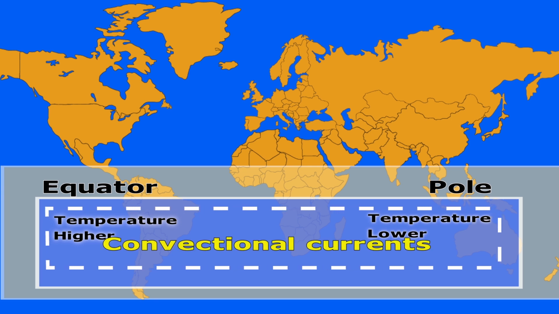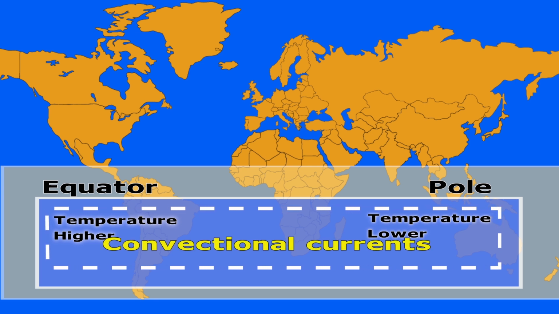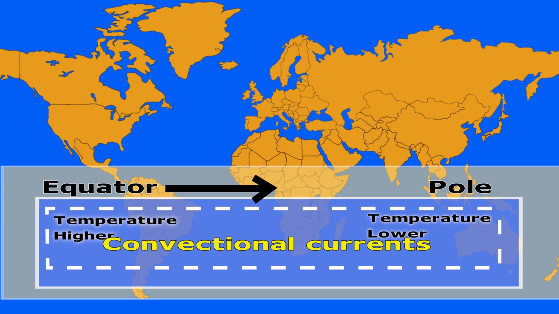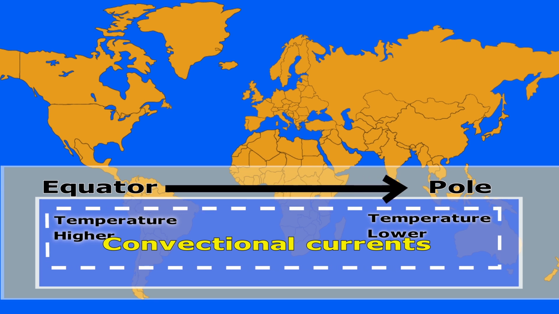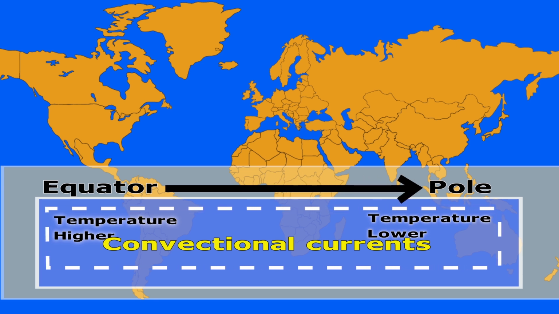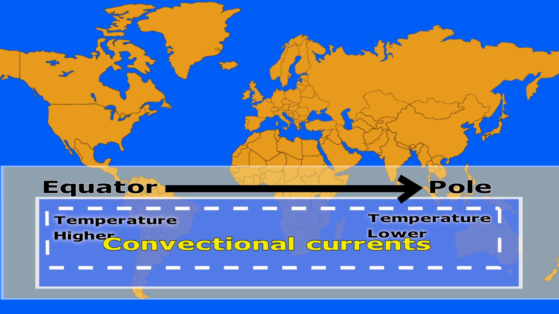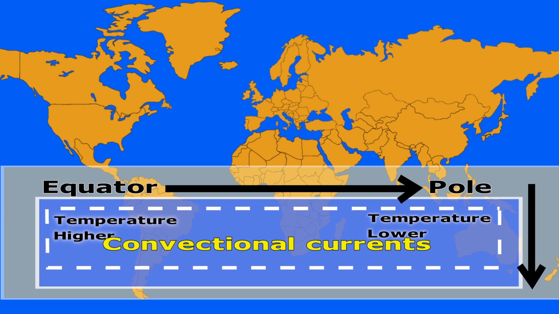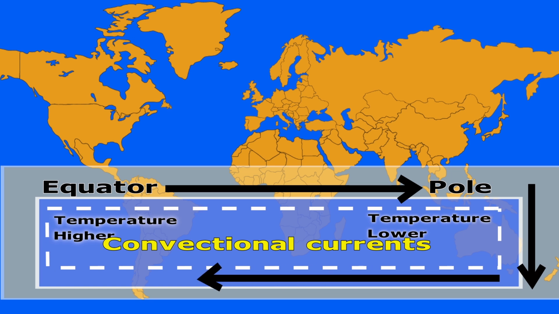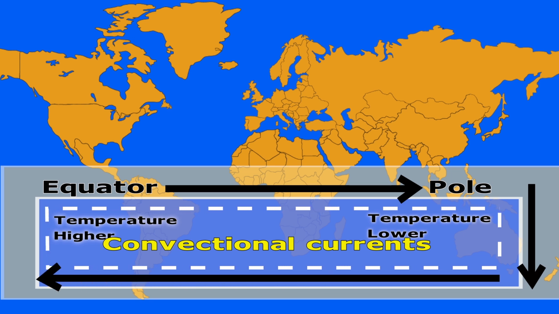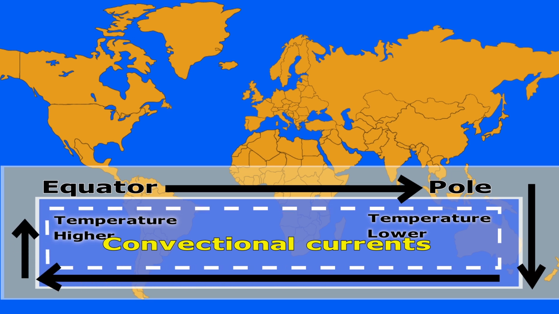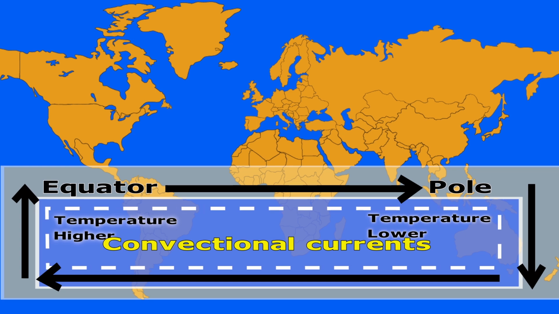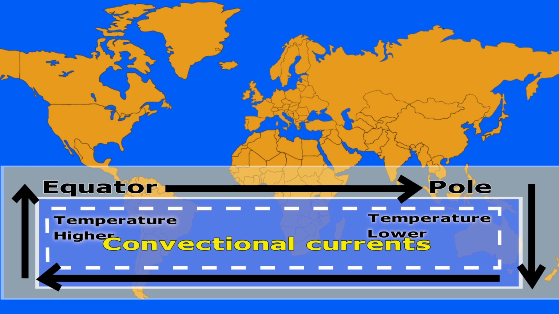The warm waters of the equatorial region are light and move along the surface towards the polar region, where they are cooled. The cold water is dense and heavy. It sinks downwards from the surface and moves slowly towards the equator, where on warming up, it may rise to the surface again.